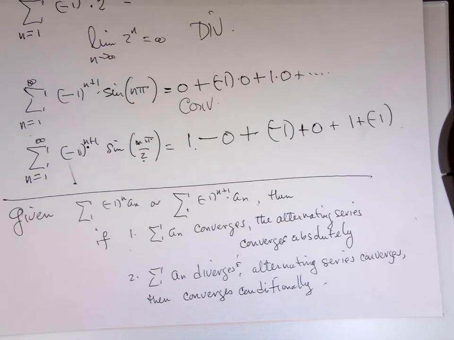If it didn't alternate, it would diverge. But because it alternates, it converges. That means it converges conditionally. The alternating harmonic is an example of that, because its positive series, the harmonic series, diverges, but the alternating harmonic converges. As long as it goes plus minus, it will converge. Converges conditionally.